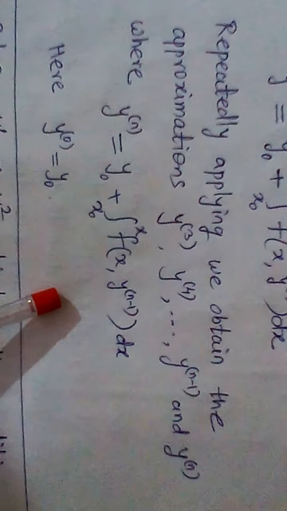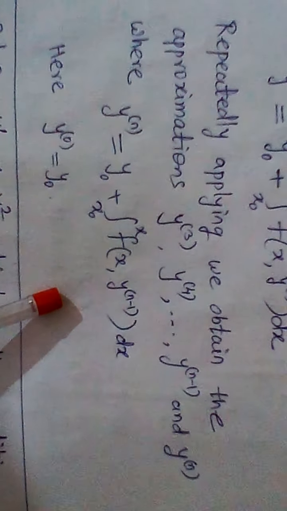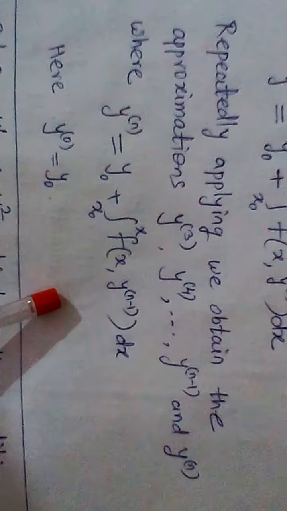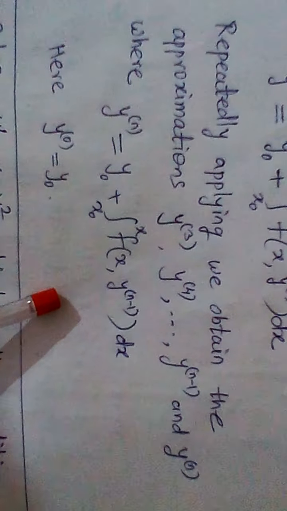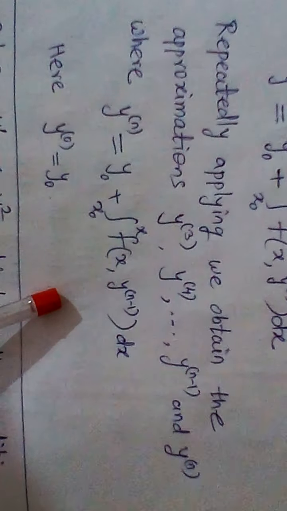So here y0, the zeroth approximation, is the initially given value of y, that is y naught. So we all know the repeated application of the same formula is what is meant by iterating. We go on getting the most accurate value. This is Picard's method.